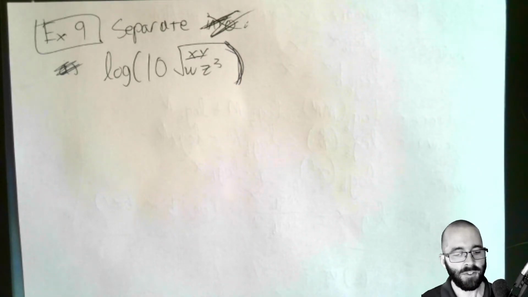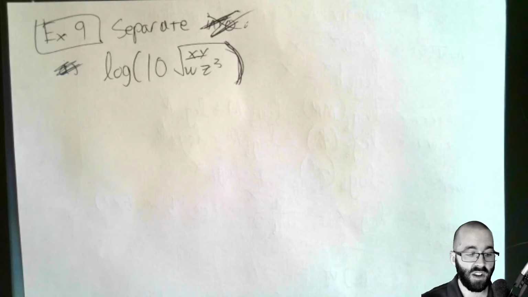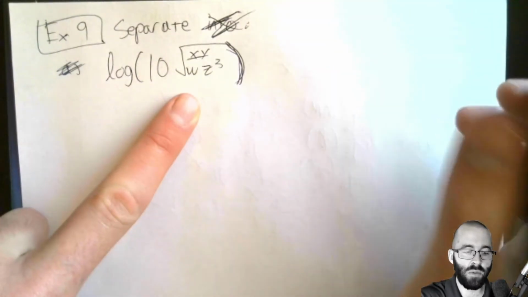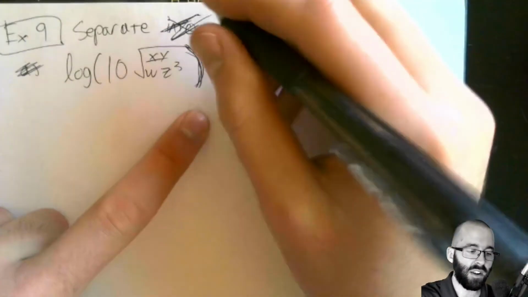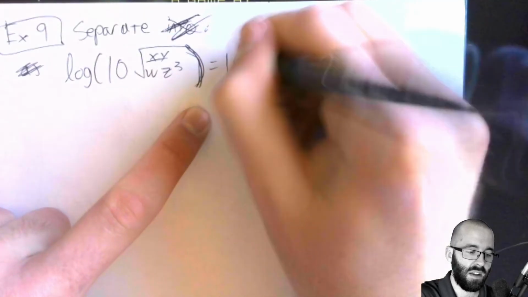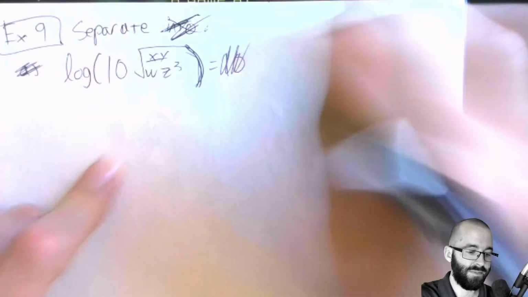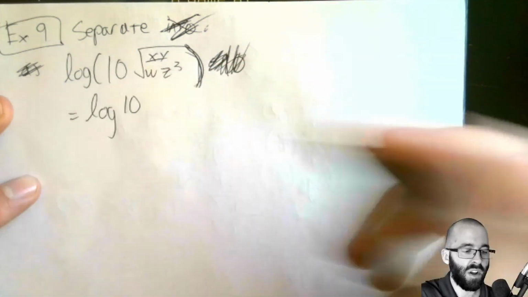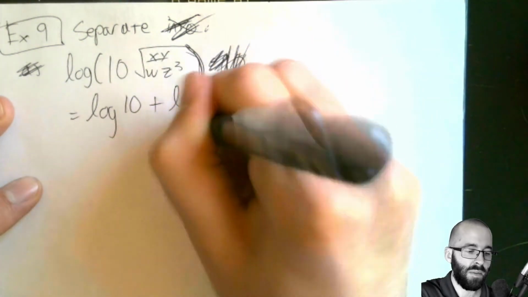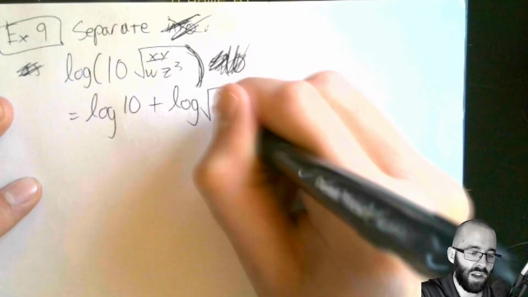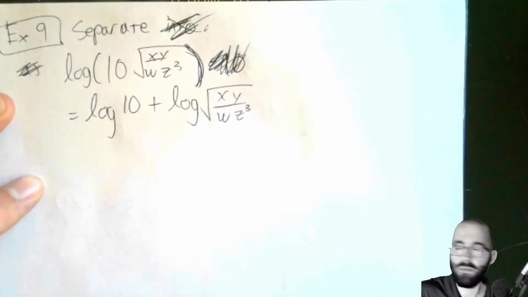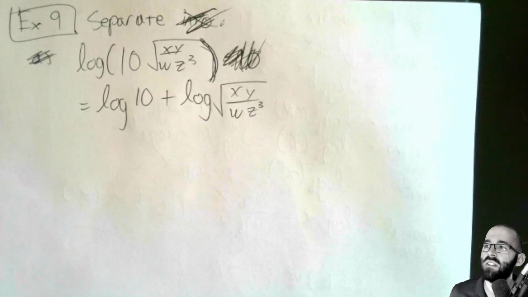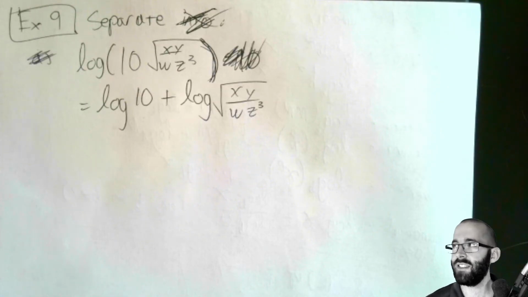So we've got a product to start us off. This is 10 times the square root. So let's use the product rule. This is the logarithm of the first thing in the product plus the logarithm of the second thing, the square root of xy over wz cubed. We can split this up into more logarithms.